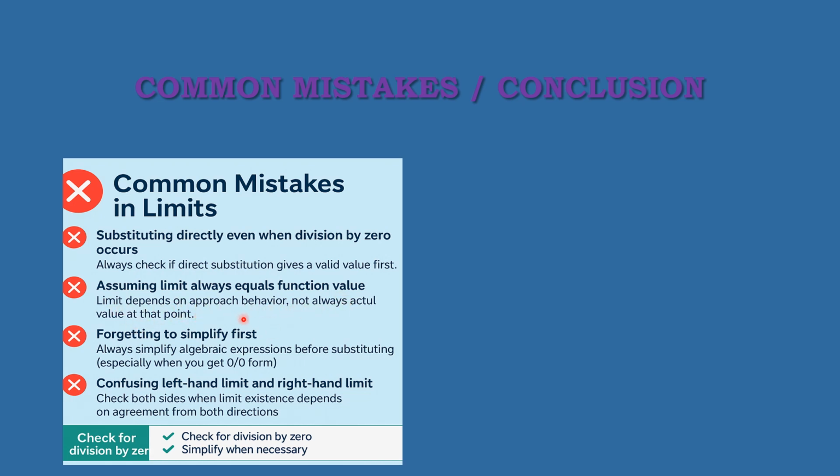Limit depends on approach behavior, not always the actual value at that point. So we are interested in the approaching behavior of that particular function. Another is forgetting to simplify first. When you get to an undefined expression, you need to simplify the expression before substituting your values to find your limit.